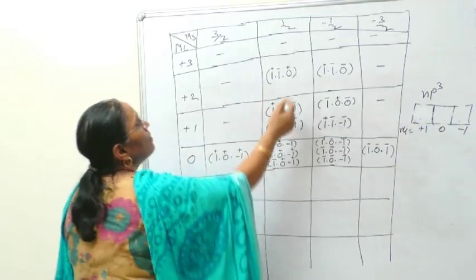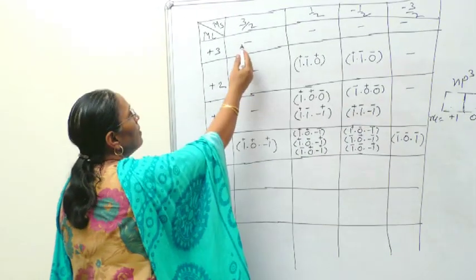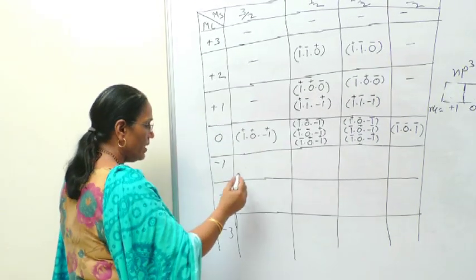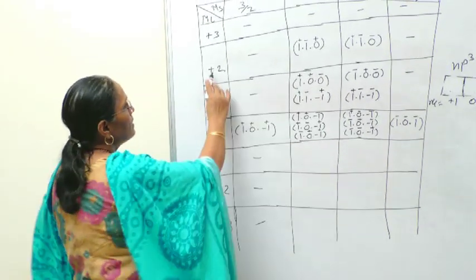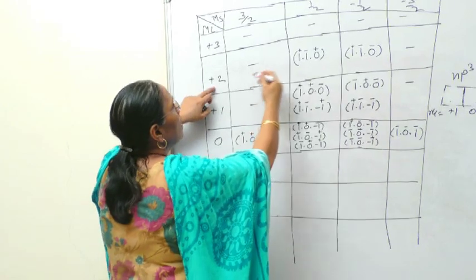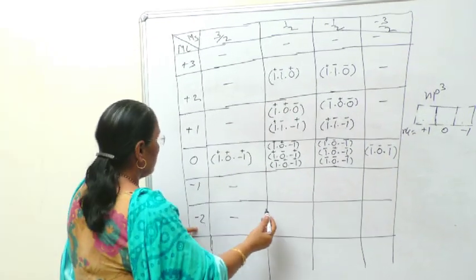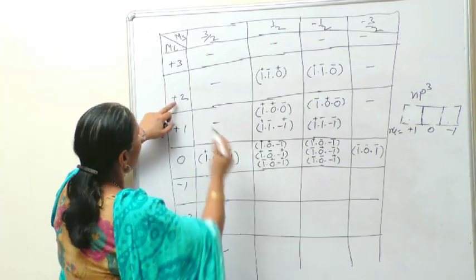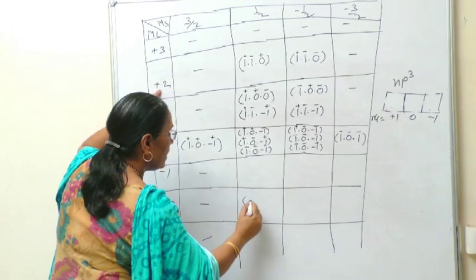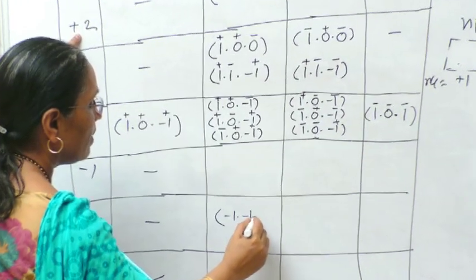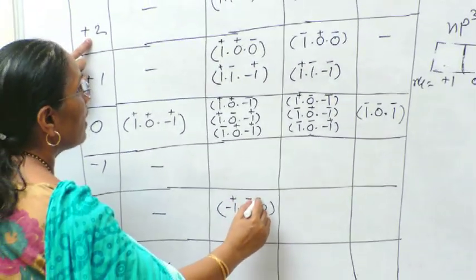6 plus 6 is 12, and the middle ones are 8 microstates. So here plus 3, plus 2, plus 1. In the same way, we will get them at minus 1, minus 2 and minus 3. At plus 2, we will get the same microstates as under plus 1/2, and at minus 2 we get the same microstates: minus 1 and 0, with the same spins, that is plus, minus and plus.